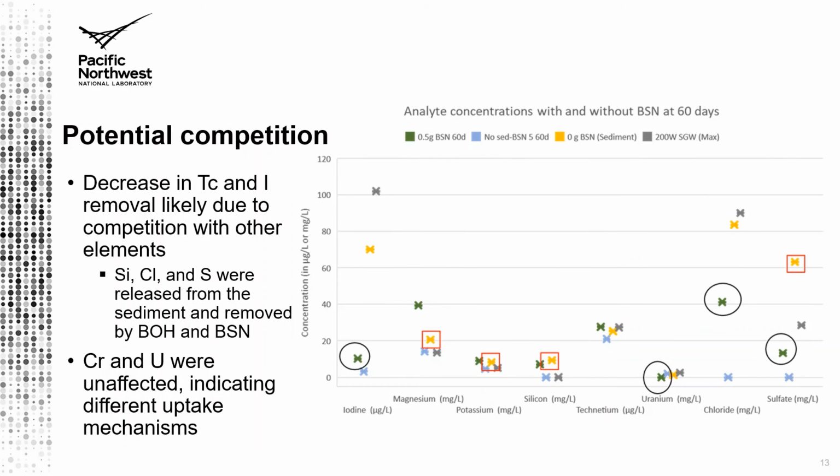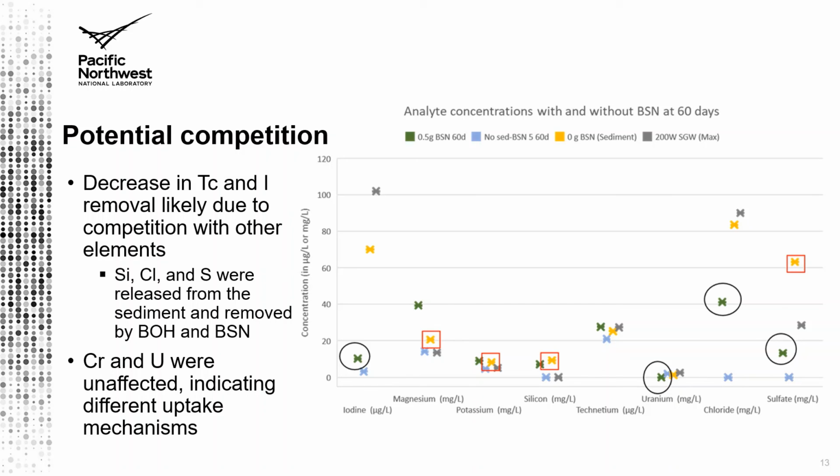For the sake of time, I won't go into details on this graph, but in short, the elements are on the x-axis, and the circled x's are showing instances where the element is being taken up by the BSN in this case. BOH is not shown here, but had similar results. So along with the contaminants, you can see that there's also chloride and sulfate that are being taken up.